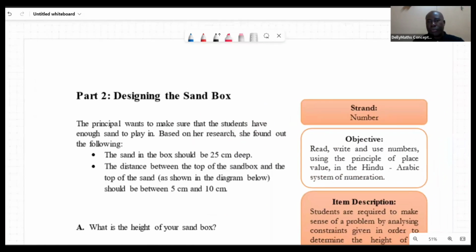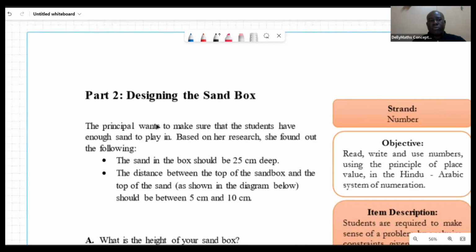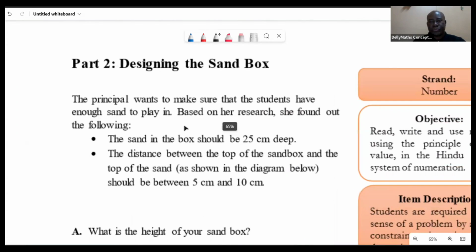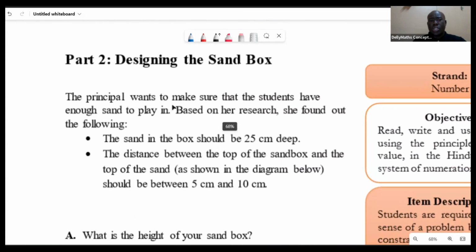All right, so part 2, it says we want to design the sandbox now. It says the principal wants to make sure that the students have enough sand to play in. Based on her research, she found out the following. The sand in the box should be 25 centimeters deep, right?